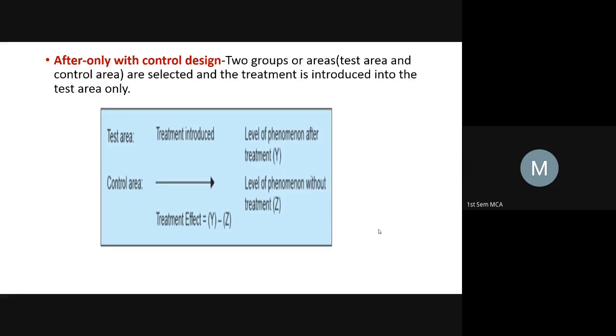Now, I have a class of 50 students. So I will make two groups, 15 as group 1, 35 as group 2. Now, 15 belongs to the experiment group, 35 belongs to the control group.